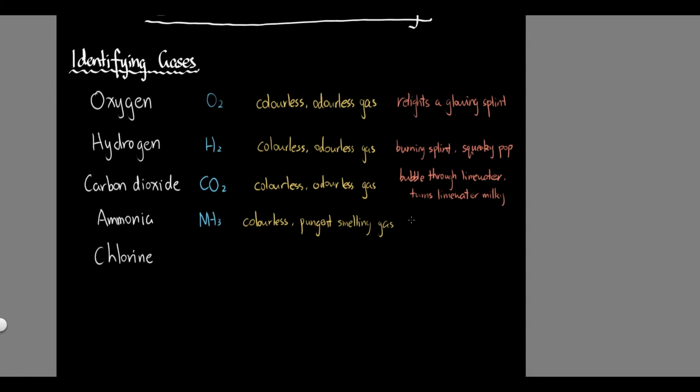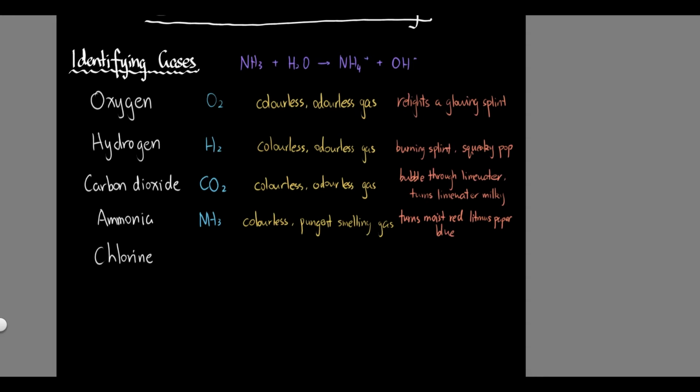So the way we test for ammonia is we use a moist red litmus paper, and it turns the litmus paper blue. The reason behind this is that when ammonia meets water, it becomes ammonium ion and hydroxide ion.